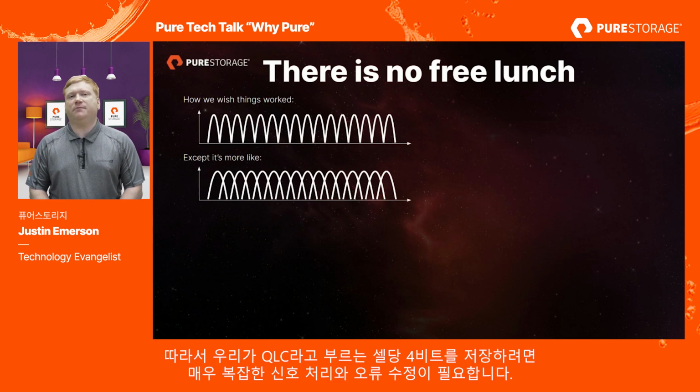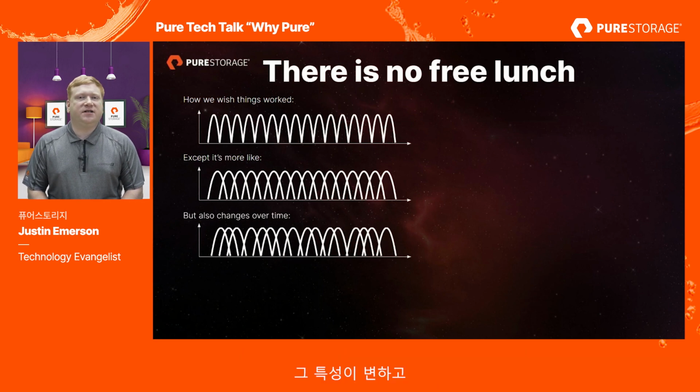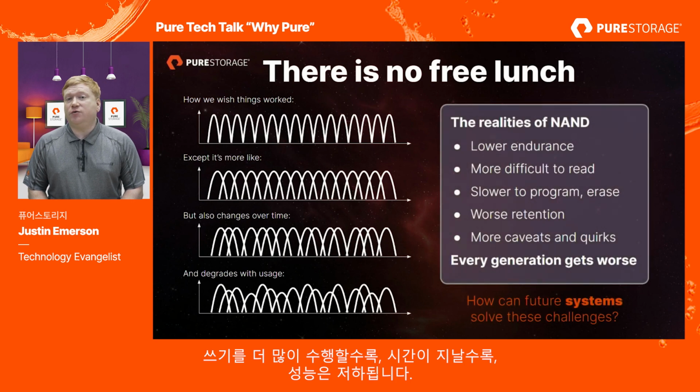And so it takes very complex signal processing and error correction to store 4 bits per cell, which is what we call QLC. But it gets even more complex because as cells age and you perform more read and write cycles, those characteristics change. And the more writes you do, the more it degrades over time.